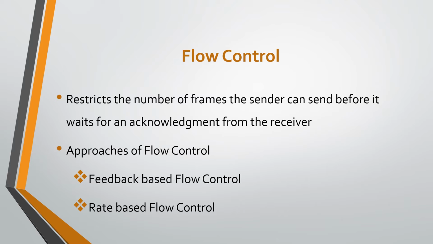Then the sender sends a frame after it has received an acknowledgement from the receiver. This is used in the data link layer. The second one is rate based flow control, in which the protocol has a built-in mechanism to restrict the rate of transmission of data without requiring an acknowledgement from the receiver. These protocols are used by the network layer and transport layer.